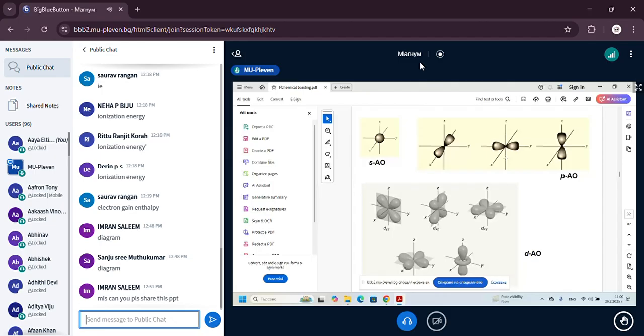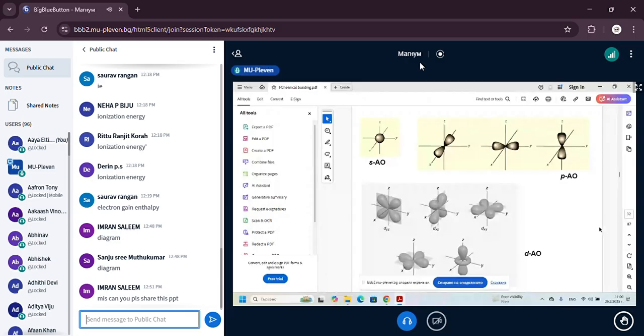Similarly, we can describe the d atomic orbitals. As you can see, the shape of the atomic orbitals is almost the same. Only one of these, named dz2, has a different shape.